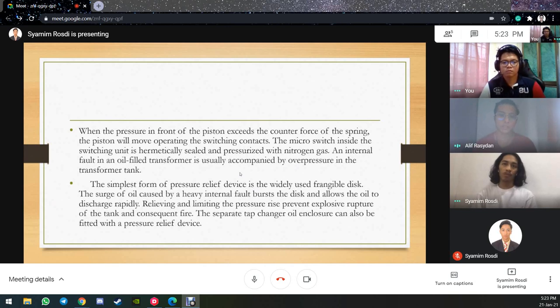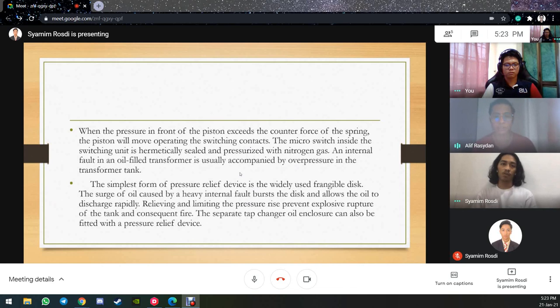And an internal fault in an oil-filled transformer is usually accompanied by overpressure in the transformer tank. The simplest form of pressure relief device is the widely used frangible disc.